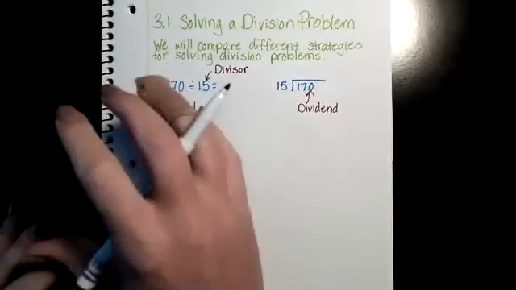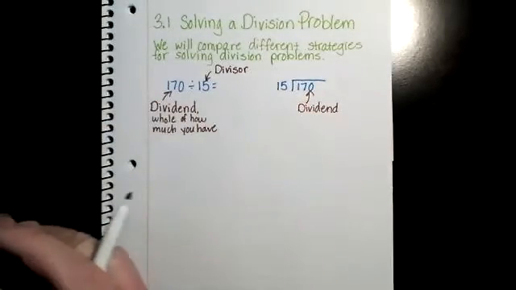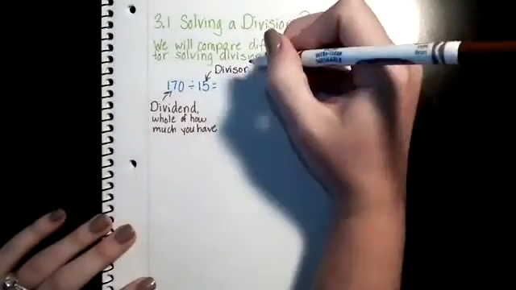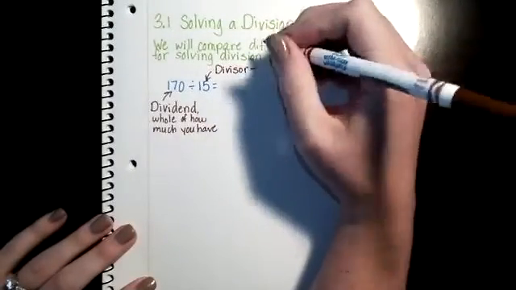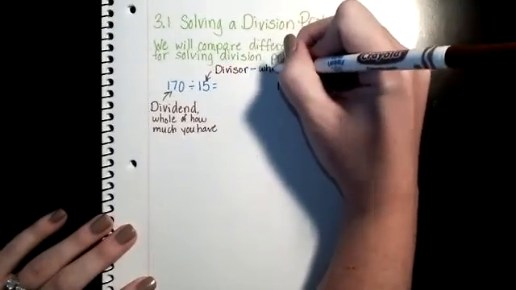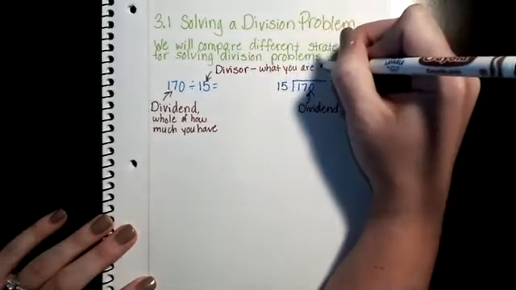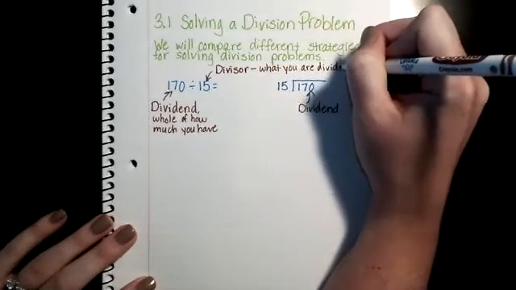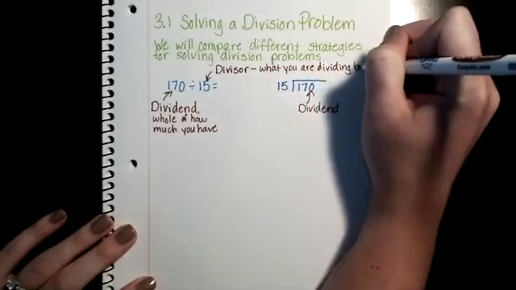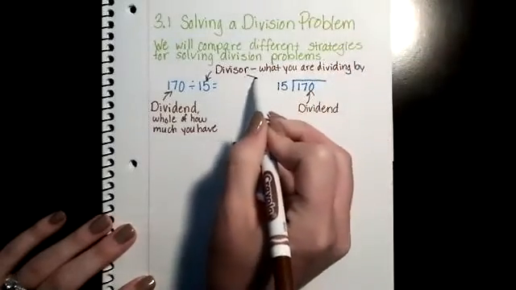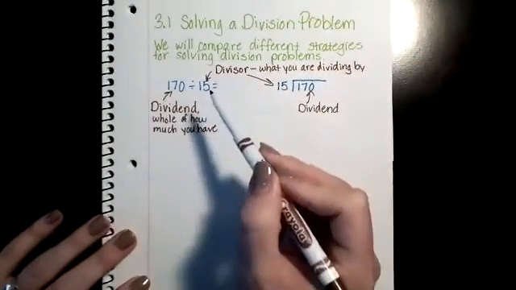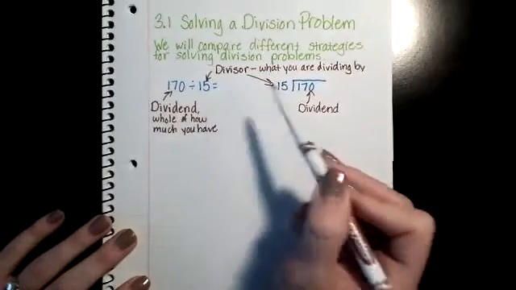It's the one that's dividing the group, the whole total. So that's the divisor, which is what you are dividing by. And I'll point to it over here too. Divisor, divisor in both cases.